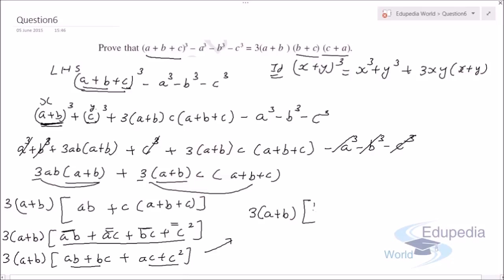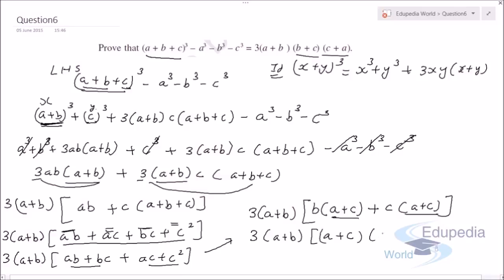If we take b as common, we get (a plus c), then taking c as common, we get (a plus c). Then we take (a plus c) common from both terms, and we get (b plus c). So our final answer is 3 into (a plus b) into (a plus c) into (b plus c). So this is the proof of the equation.